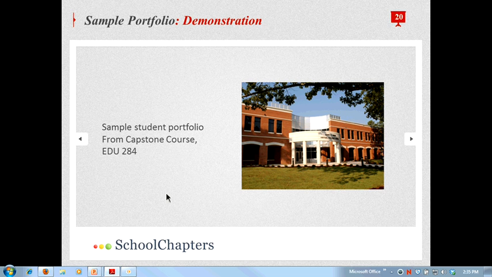So a really neat feature this semester that we're using is the students enter the required information from the rubric. They click a submit button, and then it comes to me and I can grade it. The neat feature is that if I think they need to do something differently, I can send it back to them. They can fix it and then resubmit it back to me again. So we have now moved to actually working within the student's portfolio.